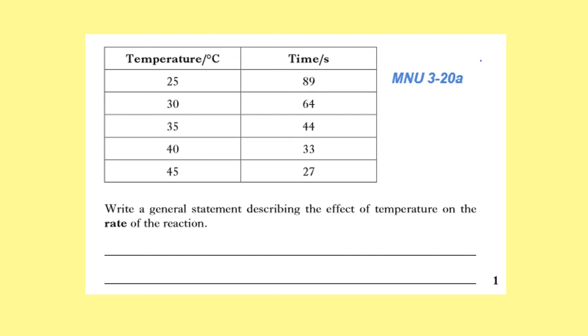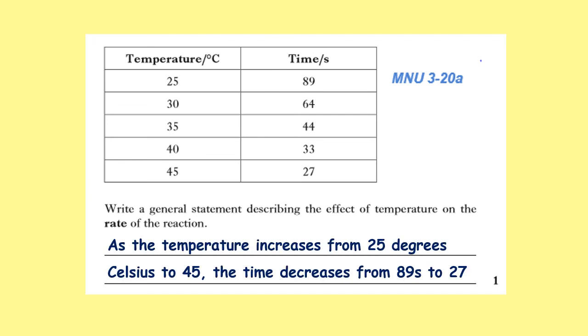When we're just talking about a general statement, what we're looking for is: as this happens to the temperature, something happens to the time. So as something happens to the temperature, what happens to the time? So that one: as the temperature increases, or it gets hotter, the time decreases.